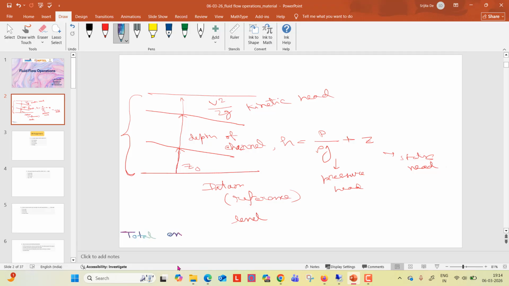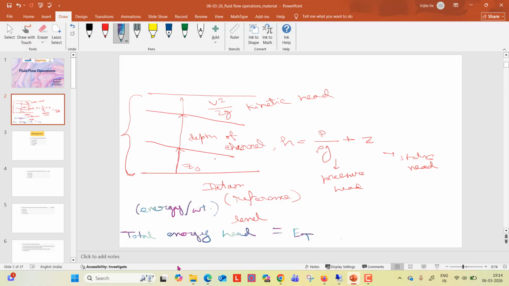total energy head, its unit is energy per weight. So when we are considering the whole thing, this is the total energy head E, or ET you can write.